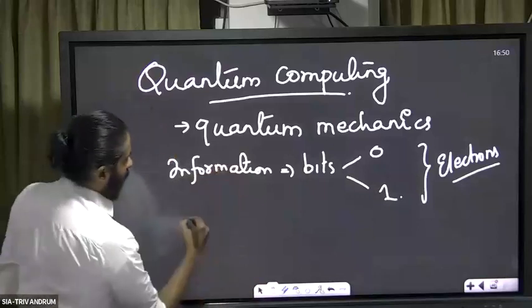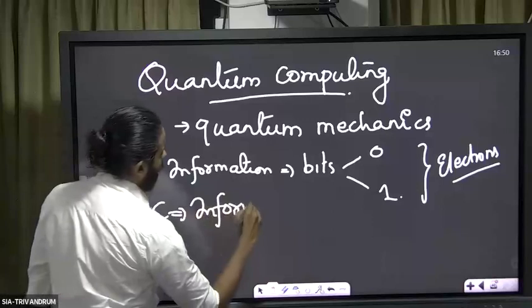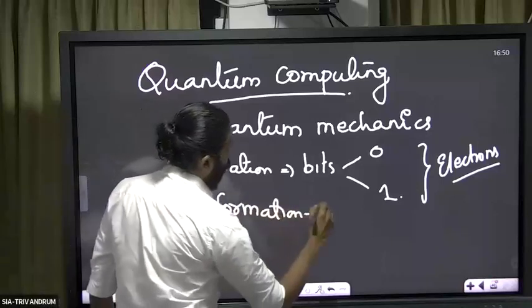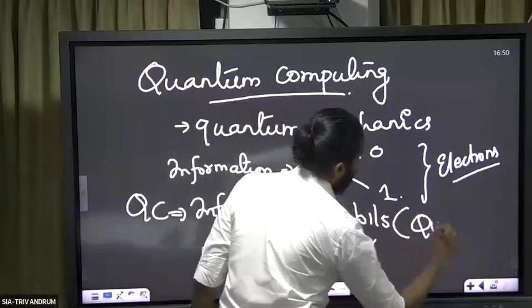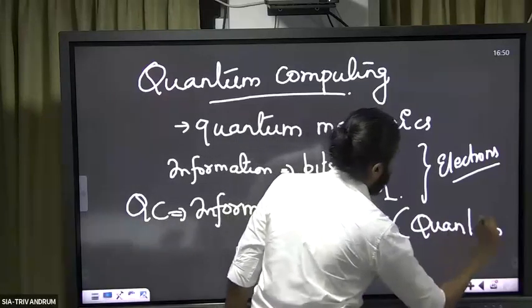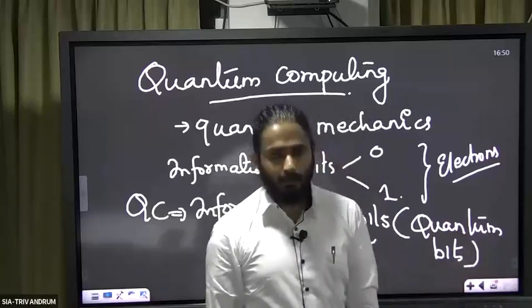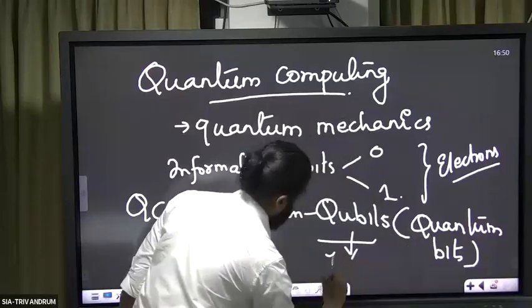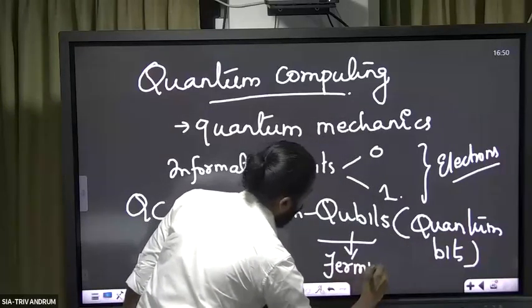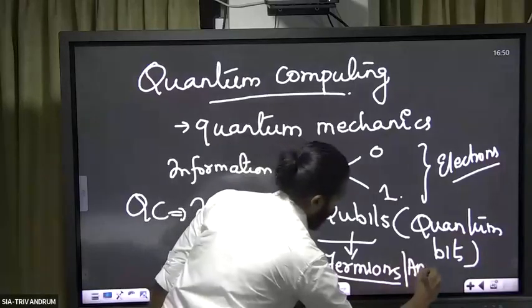But in the case of quantum computers, information will be stored as qubits or quantum bits. Now, what is this quantum bit? Qubits are basically fermions, not electrons. They are fermions, which are also called angel particles.